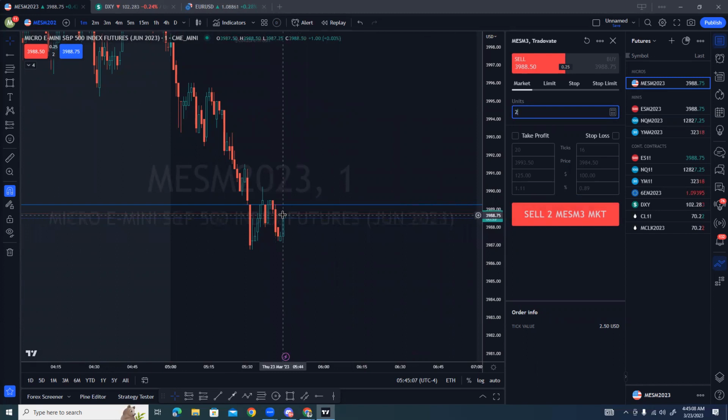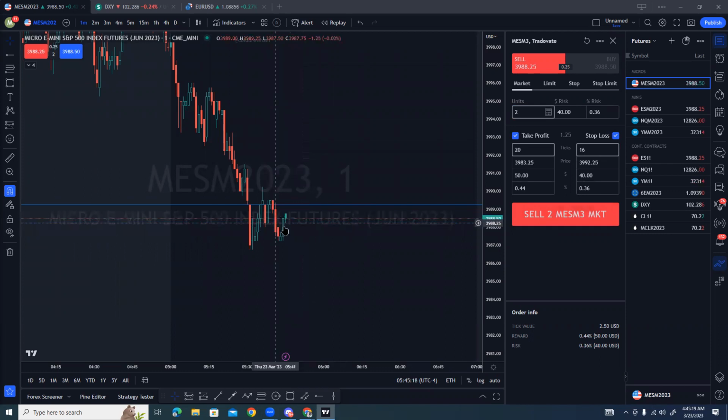That's going to be about the 50% of this being an order block. So just kind of waiting for a little bit of confirmation that this is going to actually continue bearish.